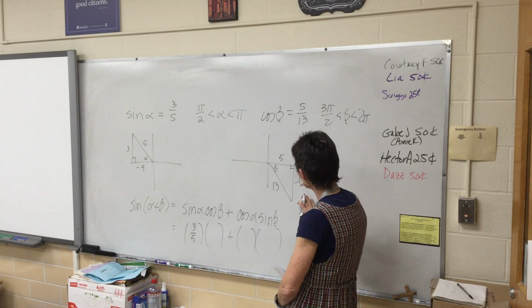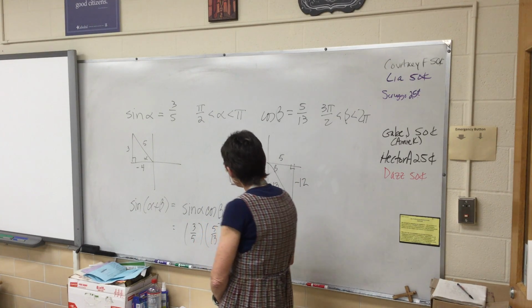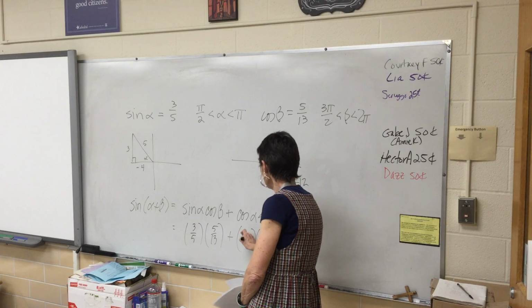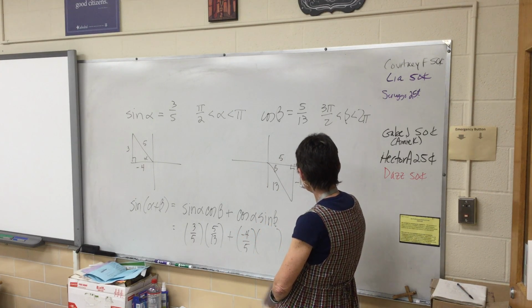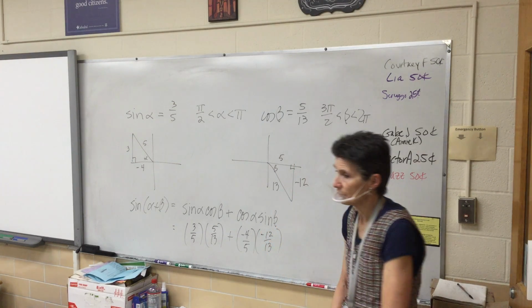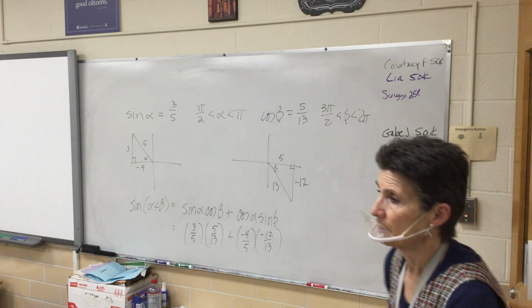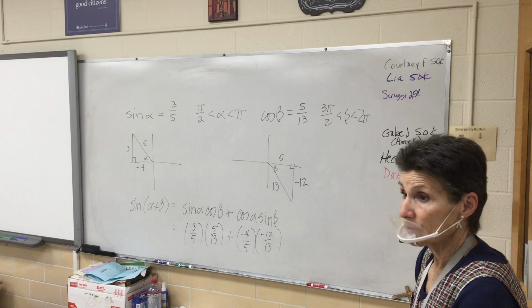Cosine beta, 5/13. Cosine alpha and sine beta. So far, so good?